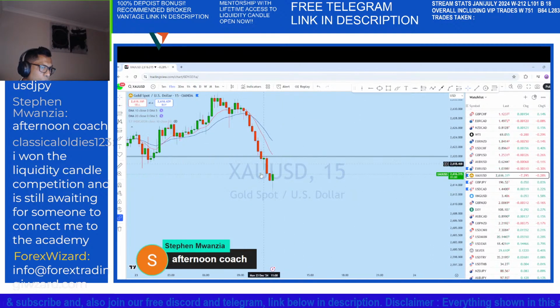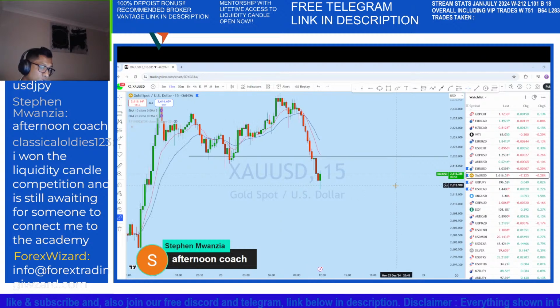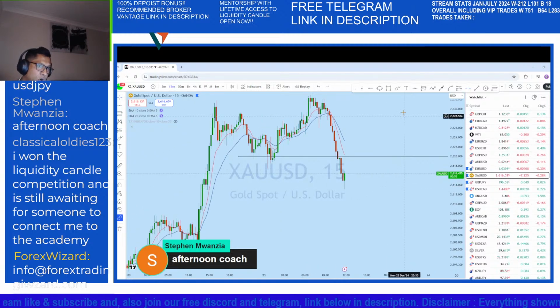So this is where we can see one candle closing on the 15 minutes, which is also getting some rejection from the top.